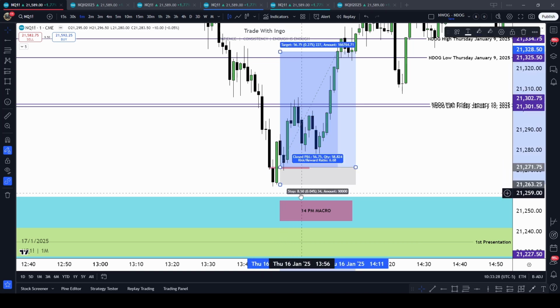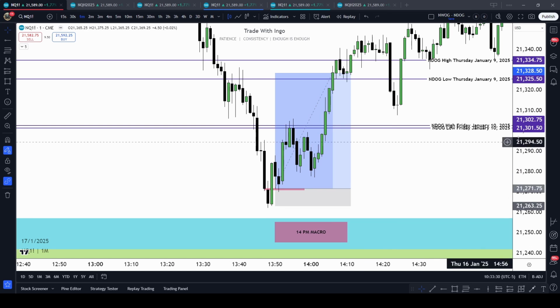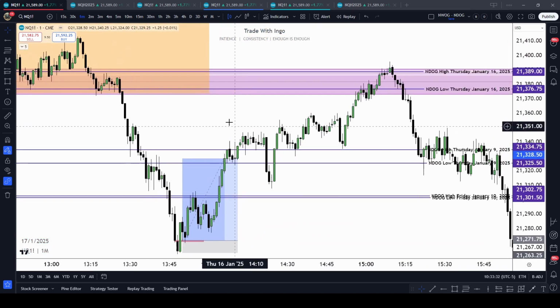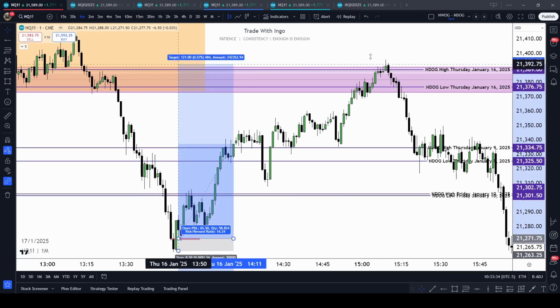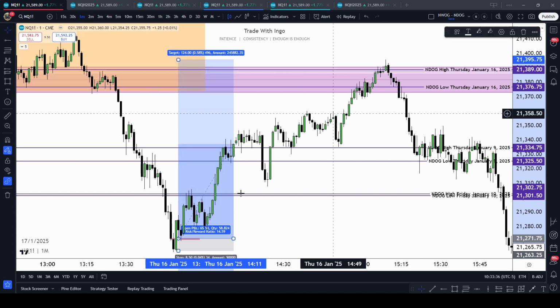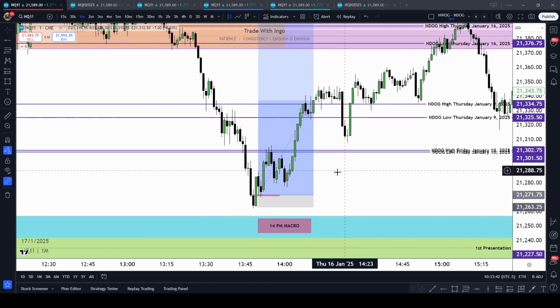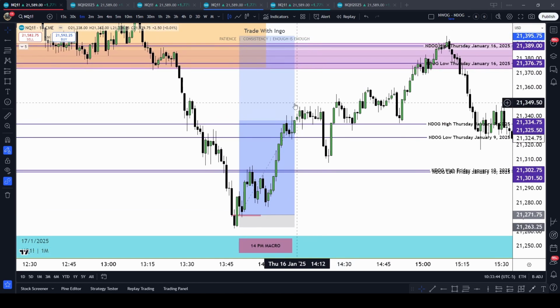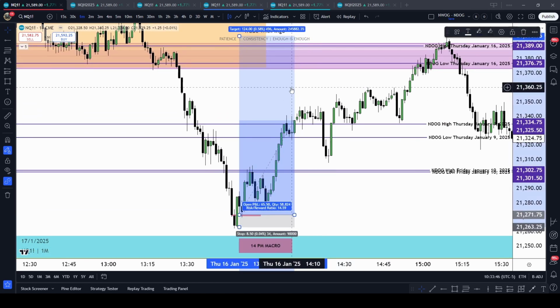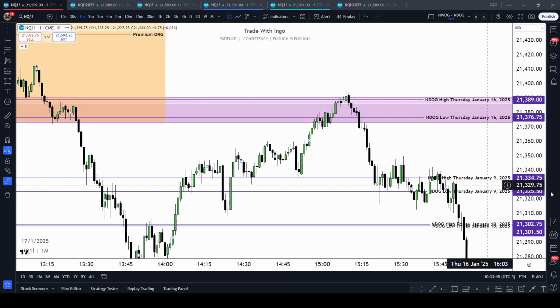You could have an 8.5 stop loss and the possible return up to the high over here. You could manage to get a 14.6 R trade. That's absolutely insane if you ask me. So that was what I wanted to look into.